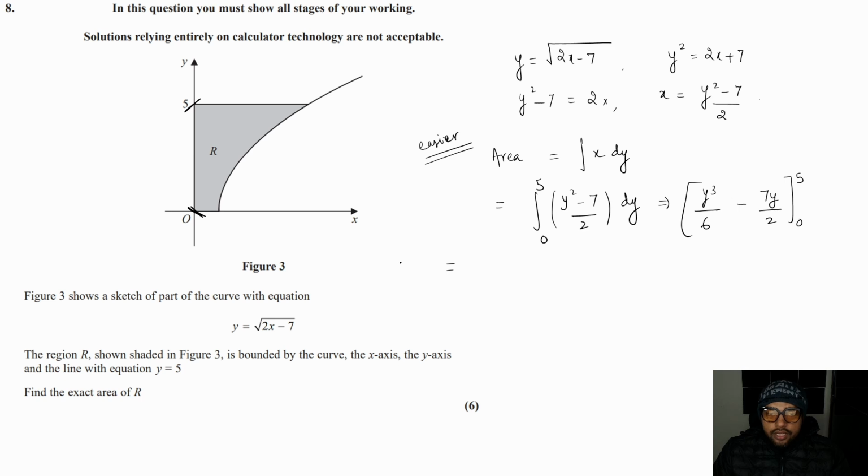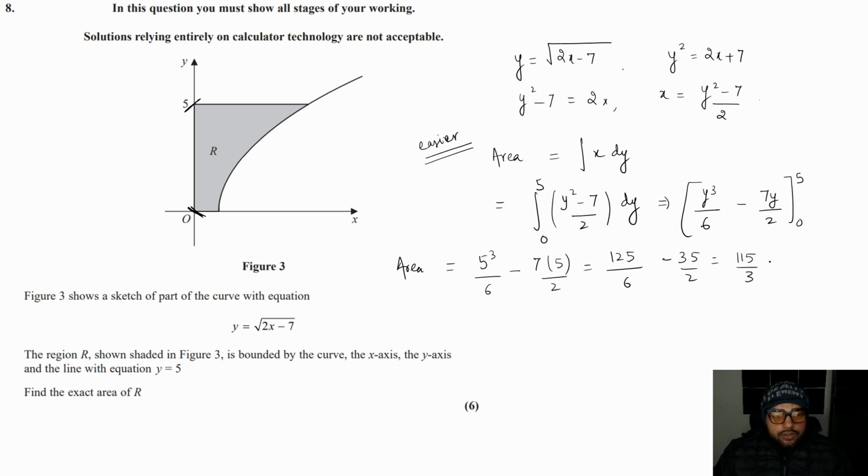So the area will be y cubed by 6 minus 7y by 2. On plugging in 0, all the values will be 0, but on plugging in 5 we'll get 5 cubed by 6 minus 7 times 5 by 2, which equals 125 by 6 minus 35 by 2, which equals 115 by 3.